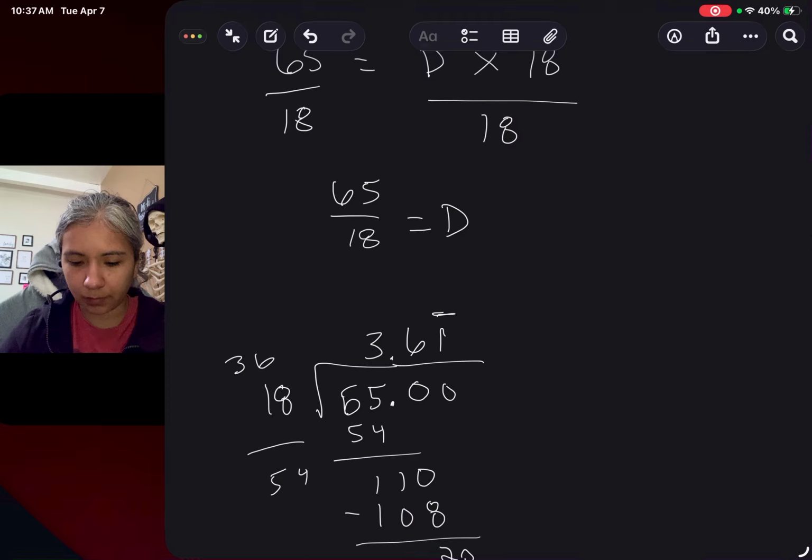does that reduce? It doesn't. There's nothing that divides both of those numbers. So that would have been the fractional part, just leaving it there.